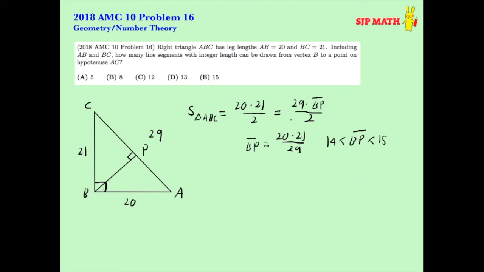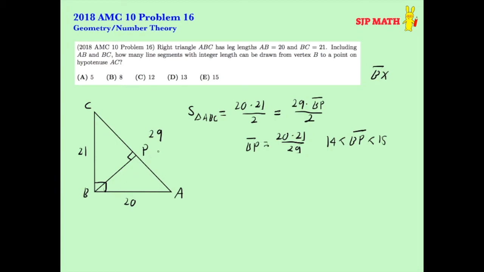So let's say that these line segments will be line segment BX, where X is a point on AC. We can see that as X changes position along the line AC, the length of BX is going to vary. So what does that tell us?